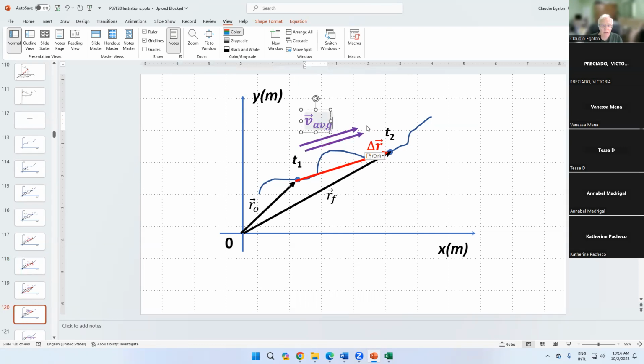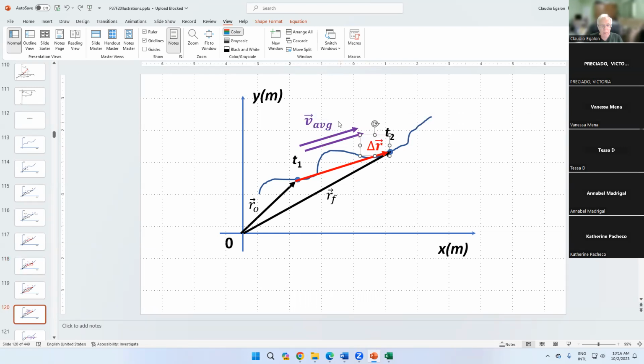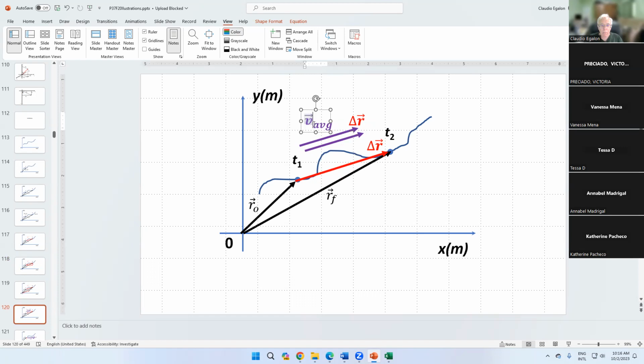And by the way, I'm going to emphasize that the average velocity vector is parallel to the delta r vector.